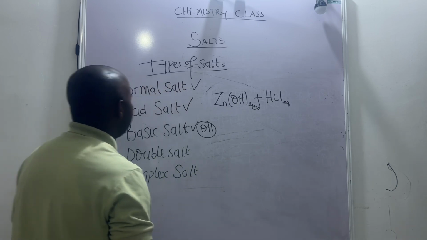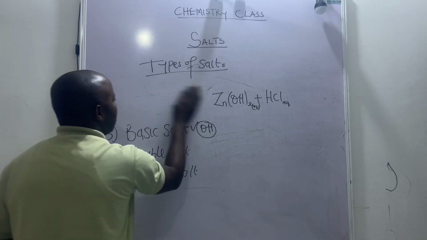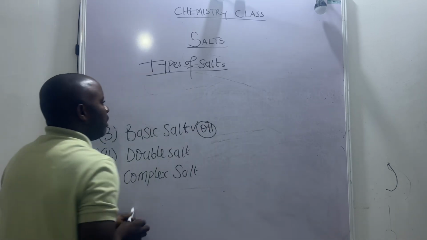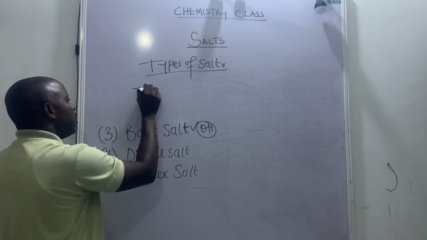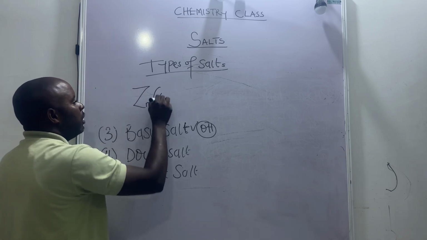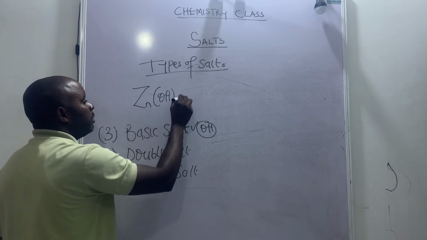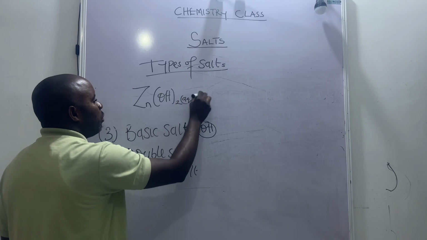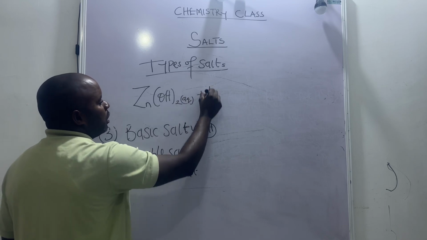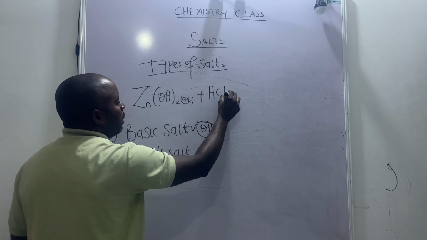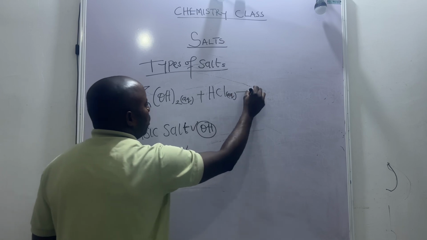Let's have a very clear view. Let's use zinc hydroxide, Zn(OH)2, plus HCl.